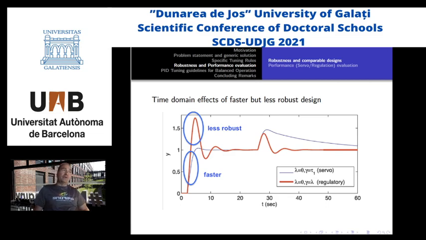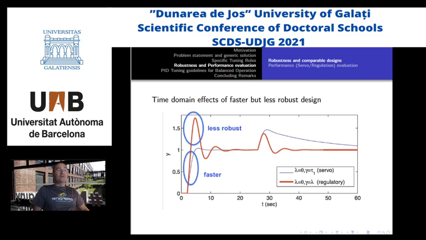But on the other hand, if you look at the regulation, the set point tracking design is very sluggish, and this is because of the low gain. So if you want good regulation, you need high gains, but you pay the price of having a non-robust design. This is why there is the trade-off.